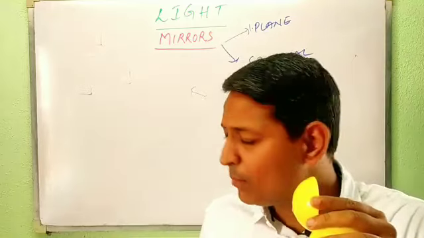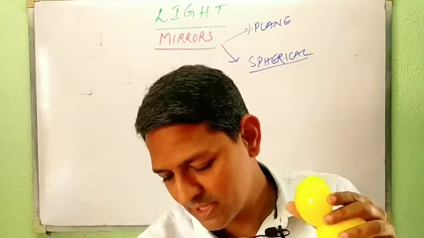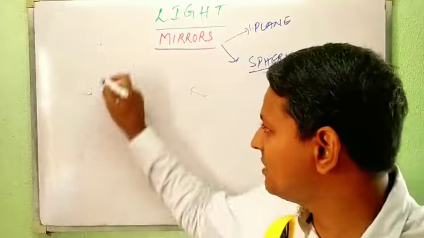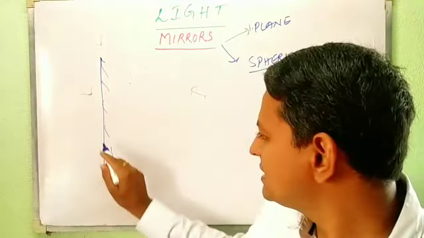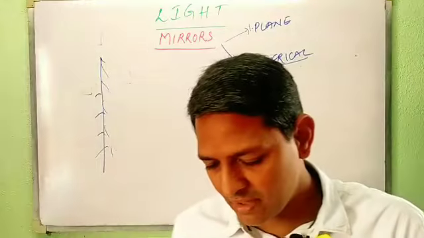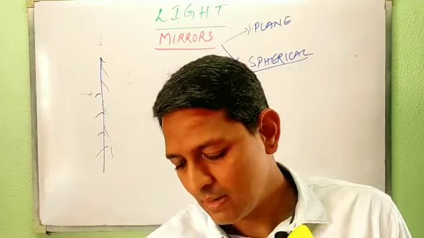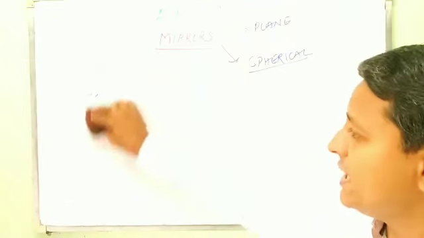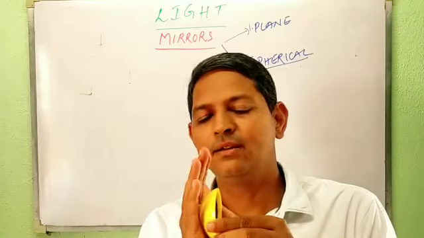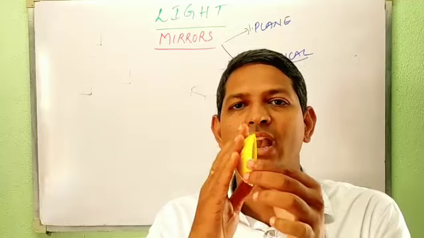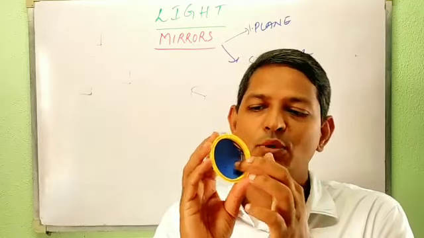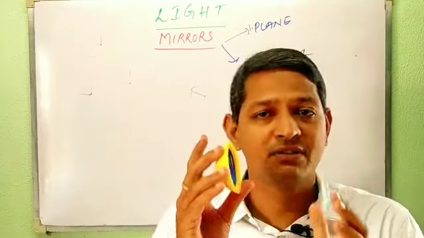For plane mirror, both mean the same because it is plane. There is no change in the shape. You coat it this side, no problem, or you coat it this side, then also that doesn't make any kind of difference because it is plane mirror. But when it is a spherical mirror, you coat this side, then that becomes one kind of mirror, and if you coat it inside, that is the blue color side, then it becomes a different kind of mirror.